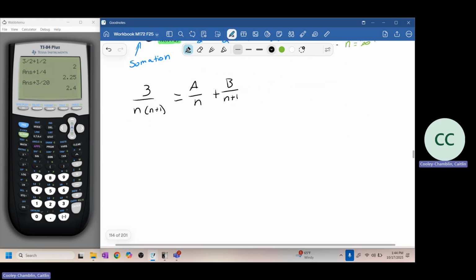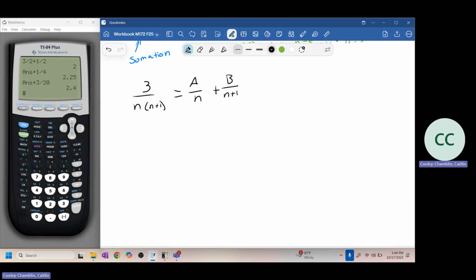Now, if I multiply both sides by that n times n plus 1, what we get is 3 equals a times n plus 1 plus b times n. And remember, we want to solve for what a and b are.